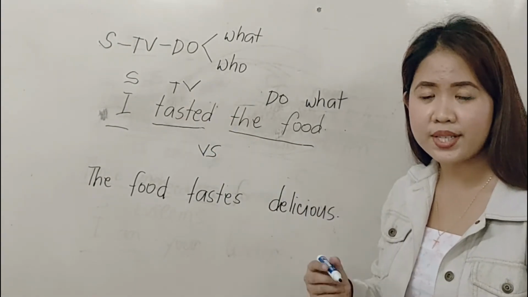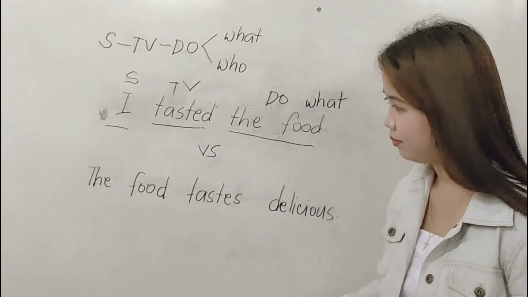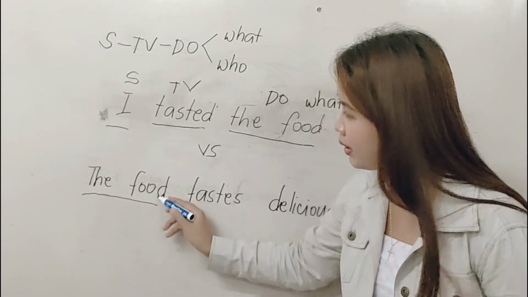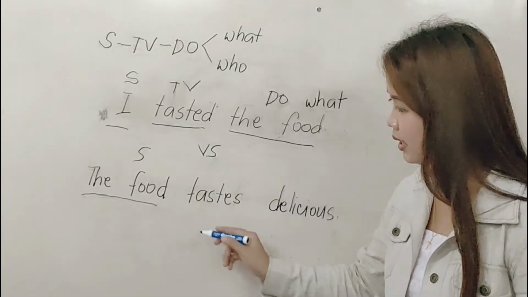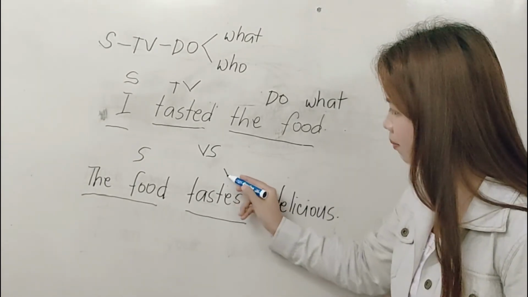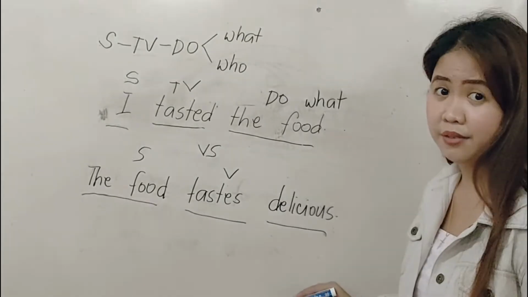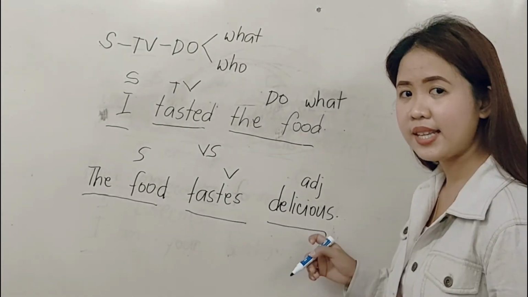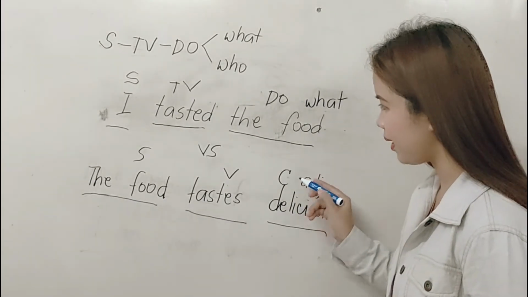Let's try to contrast it with the SLVC pattern. The food is considered as the subject. Tastes is the verb. Delicious is an adjective. If this is an adjective, this is considered as a complement.